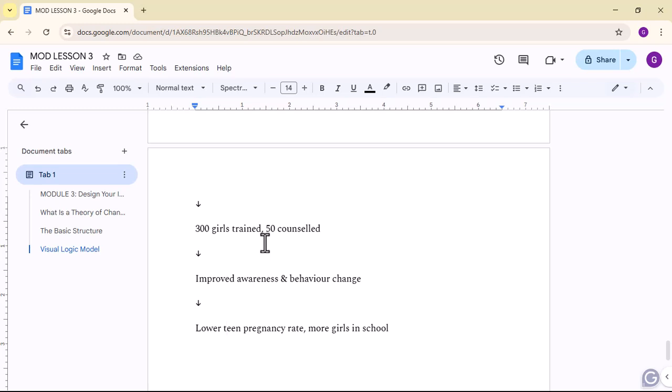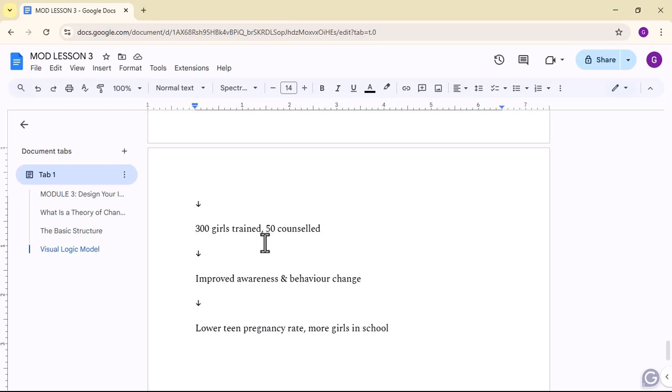So your theory of change is not just for funders, it's your internal compass. It is your proof that what you are doing will actually make a difference in the real world. And when you build a strong theory of change, you don't just write a better proposal, you run a better project.